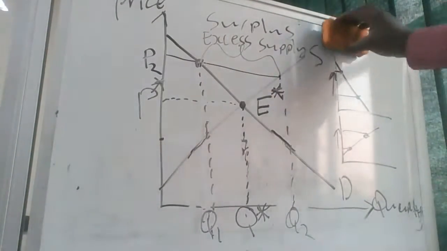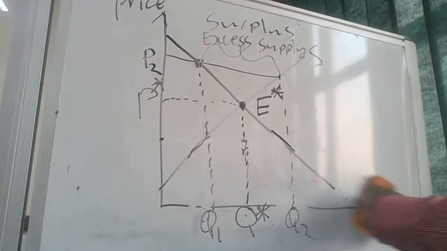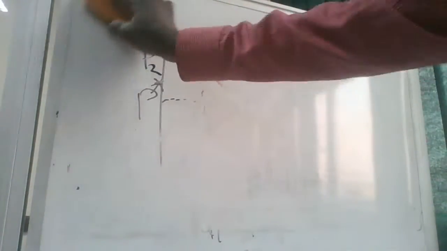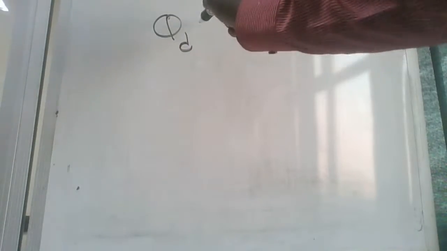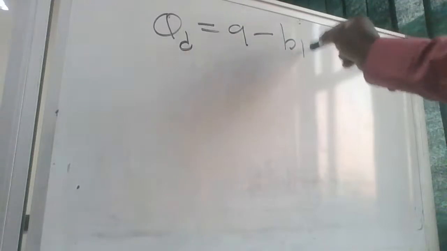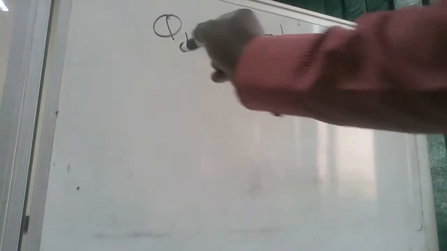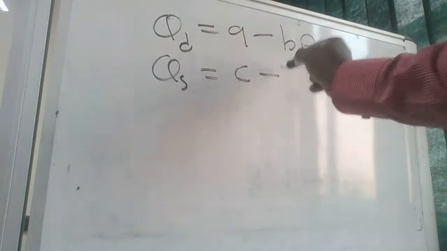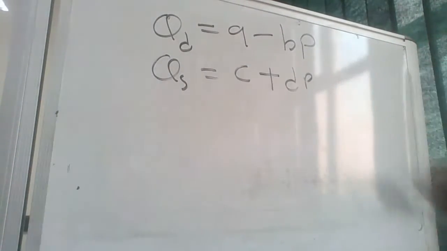Maybe before we look at how we get back to equilibrium, let's analyze equilibrium using an equation. So let's assume that we have our quantity demanded, QD, which is equal to A minus BP, and our quantity supplied, QS, which is equal to C plus DP.